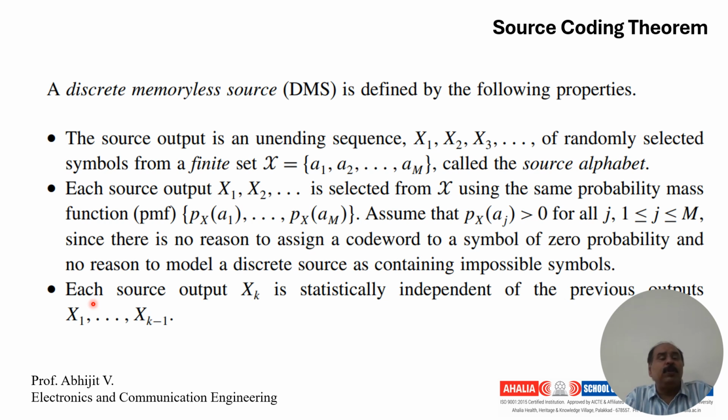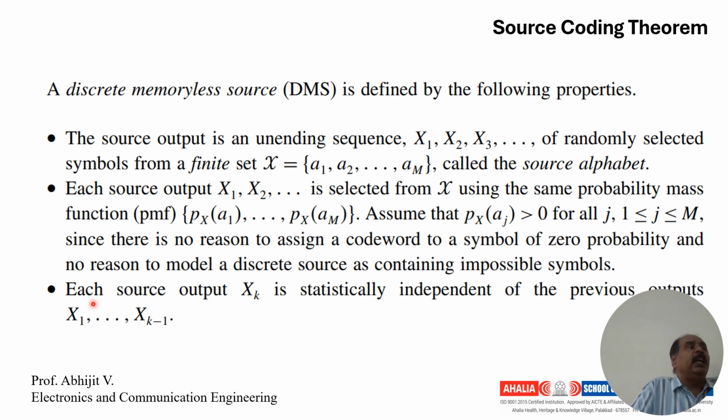I believe that all of you can understand. Each source output xk is statistically independent of, remember the word independent, all the previous values, that is x1 to xk minus 1. Those kinds of variables, that xk, is called a memoryless source. Discrete means it is not continuous, it is digital, that's it.